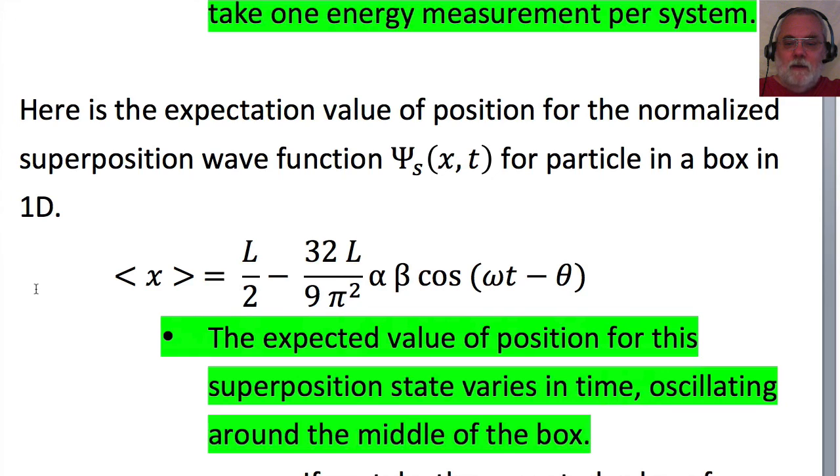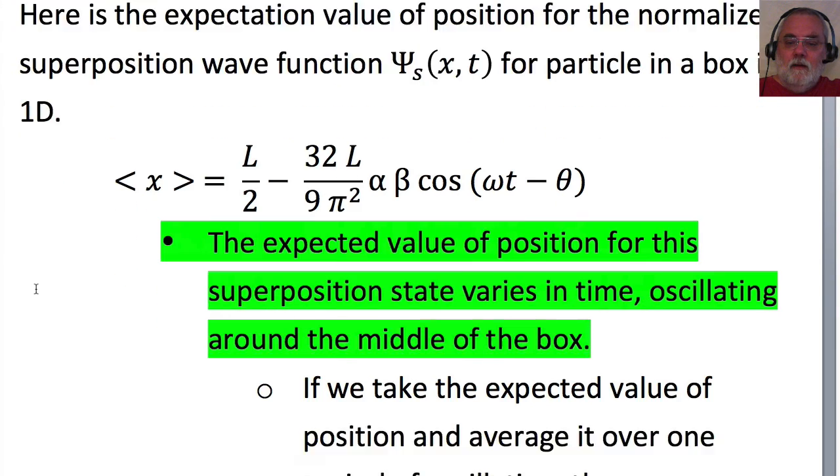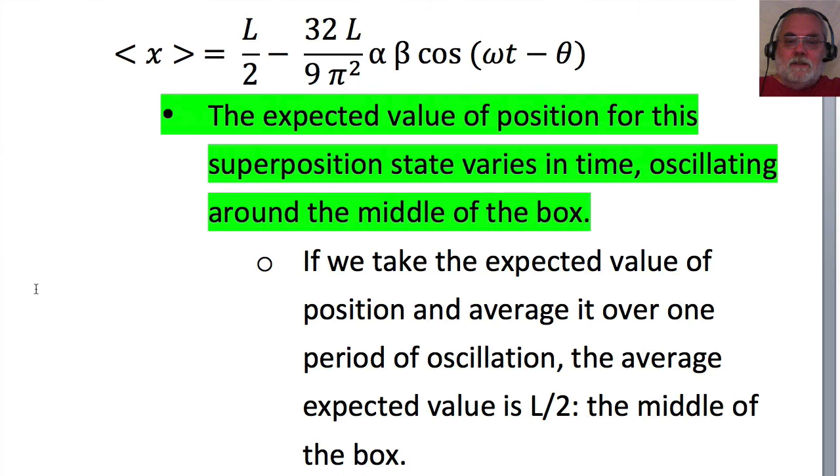The expected value of position for this superposition state varies in time, oscillating around the middle of the box. If we take the expected value of position and we average it over one period of oscillation, the average expected value is L over 2, the middle of the box, because we're oscillating around the middle of the box.